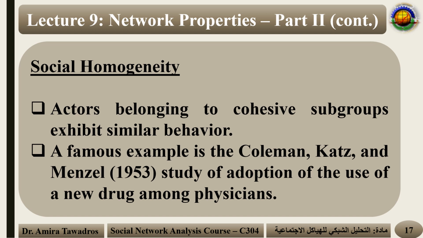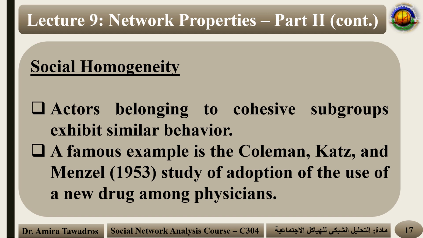The final example, or the third social application of structural equivalence, is social homogeneity. We expect actors belonging to cohesive subgroups to exhibit similar outcomes on different questions. A famous example is the Coleman, Katz, and Menzel study in 1953.